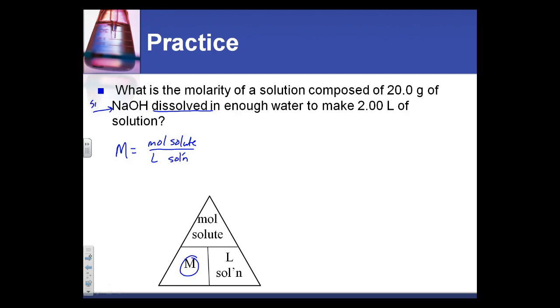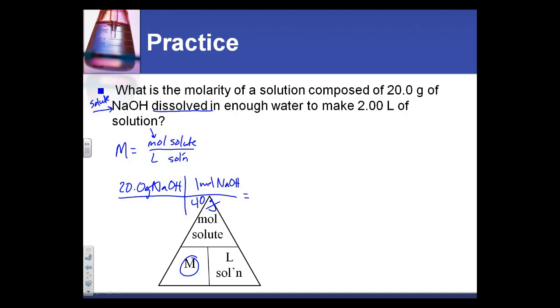So my solute needs to be in moles according to the formula. No problem. I ended up with 20 grams of that sodium hydroxide, and I'm just going to convert it to moles using molar mass. Sodium is 22.99, oxygen is 16, and hydrogen is 1.01. Add those up together and I get a molar mass of 40 grams in 1 mole of sodium hydroxide.